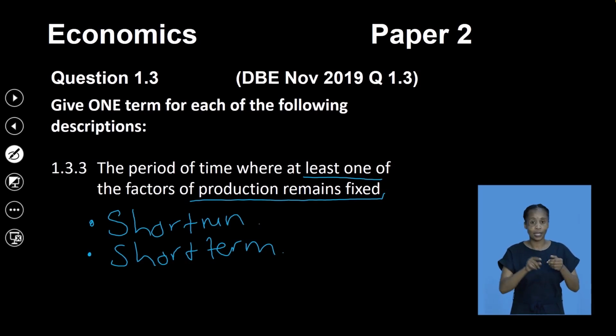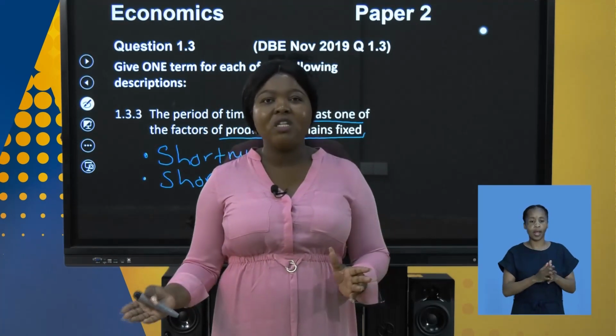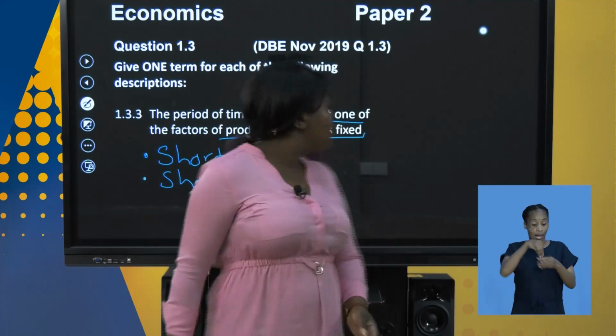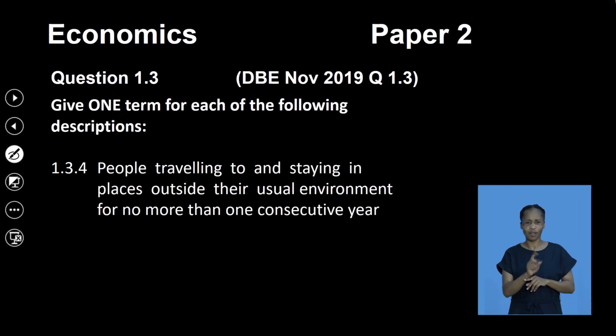Remember the definition of the long run: it is a period of time where all our factors of production are variable, or where all elements of costs are variable. We do not have fixed cost in the long run. And in this case, you were asked for the short run. We have at least one fixed cost in the short run. So please be comfortable. You cannot lose those marks in the exam. Let's go to the fourth question.